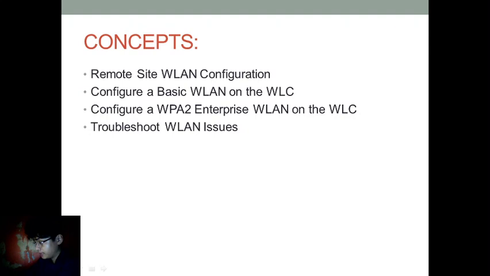LAPs use the Lightweight Access Point Protocol, or LWAPP, to communicate with the WLAN controller, or the WLC. Controller-based APs are useful in situations where many APs are required in the network. As more APs are added, each AP is automatically configured and managed by the WLC.